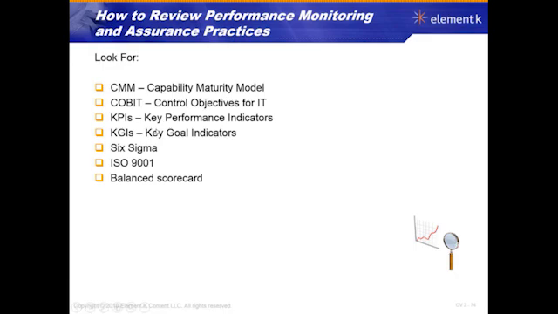Let me see your KGIs and KPIs. Are you using something like Six Sigma or ISO 9001? Are you actually using an actual procedure for improving process? And can I see your balanced scorecards too? And are you even aware of your balanced scorecards? So those are the things we can do when we're looking at IT governance.